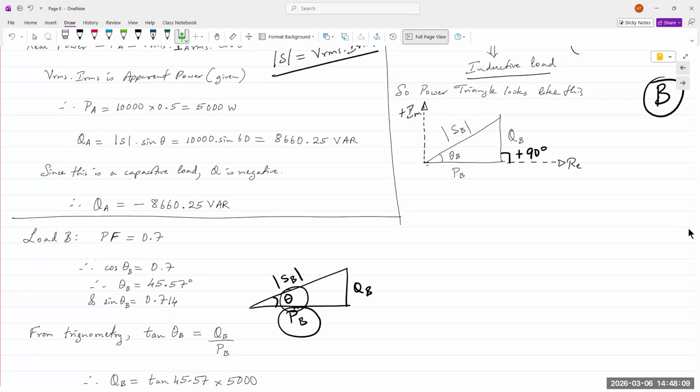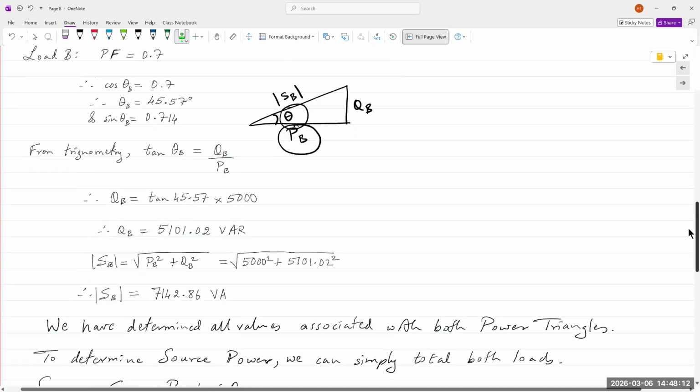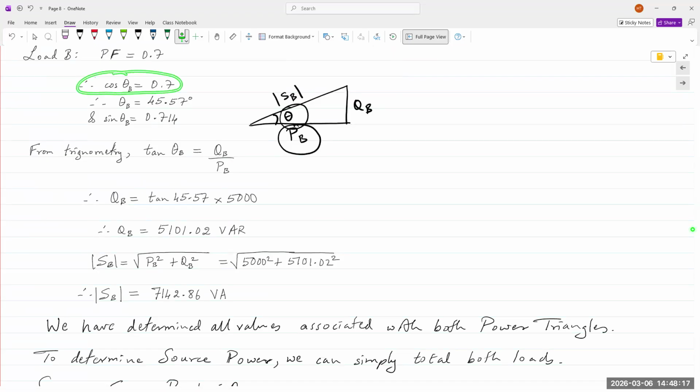We again apply the same equations. We can find the power angle from the power factor. Cos inverse of 0.7 gives me 45.57. Sine theta is 0.714. Of course, I need that for the following equations. Now, here it's not as straightforward because apparent power is unknown, reactive power is unknown. The only quantities I know are theta and real power P. Okay.